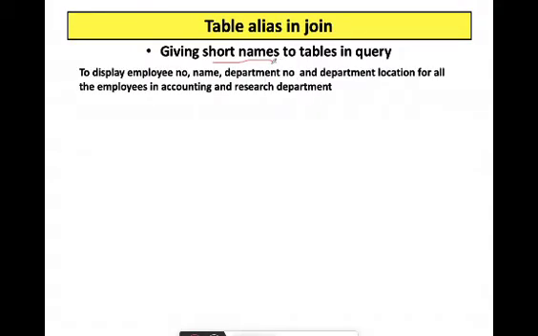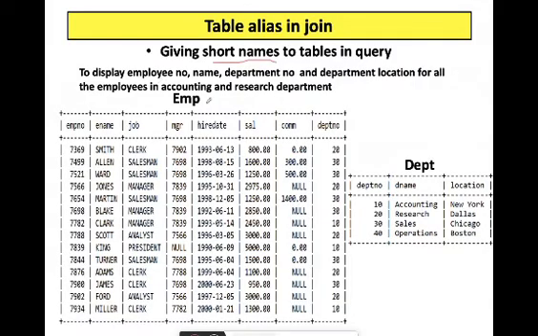So this is the query: to display employee number, name, department number and department location. Employee number is coming from the emp table, employee name is coming from the emp table, and department number and department location are coming from the dept table, or department number is here also, you can say.